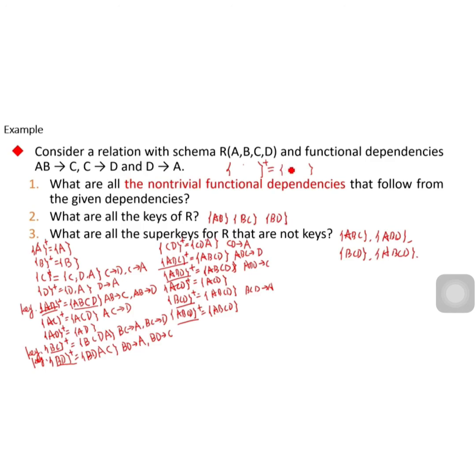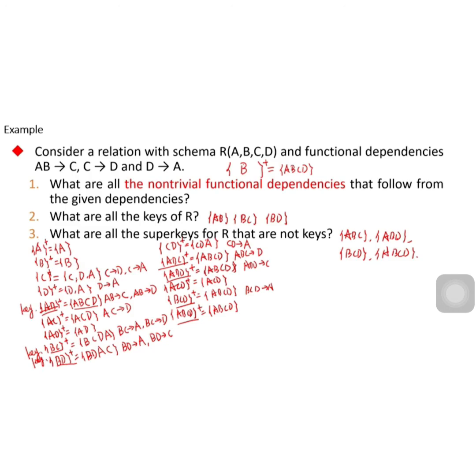So if we want the closure to be ABCD, B must be in the base. So then we can check the combinations including B, to see if the closure of the set is ABCD.